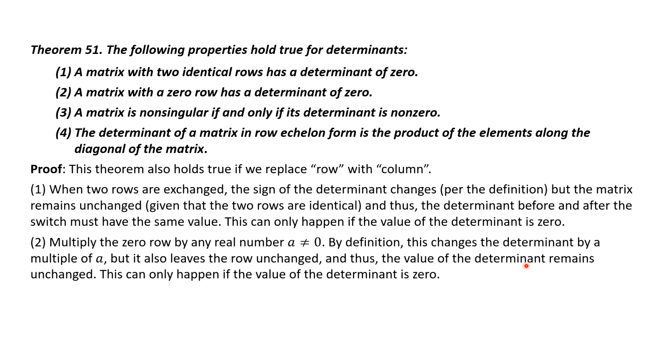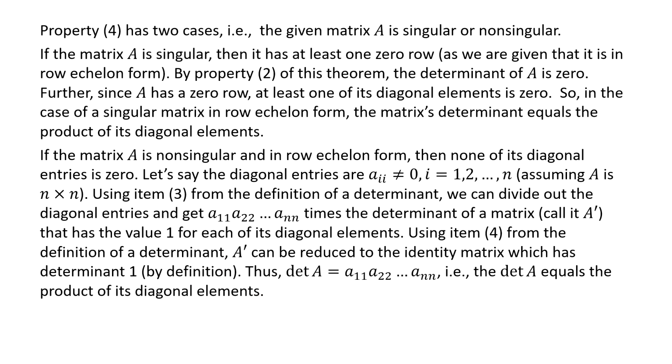Thus, the value of the determinant remains unchanged, and this can only happen if the determinant is 0. Okay, so the first two are kind of easy. Number 3 and 4 are a bit harder. Let's finish off the proof. I want to do property 4 on this slide, and then I'll use property 4 to prove property 3, which I'll do on the subsequent slide.